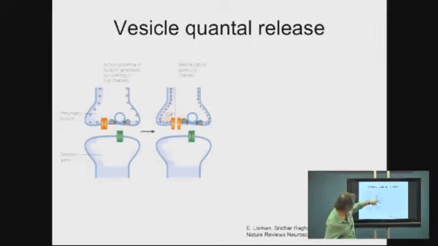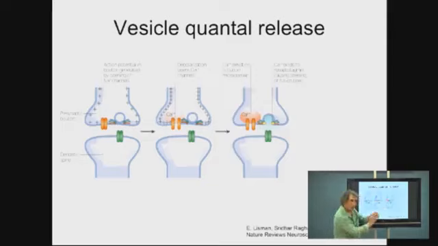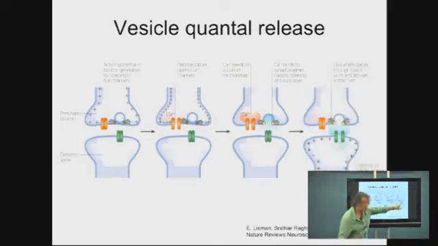If the action potential reaches here, the vesicles, as you will see, are being fused into the membrane of the presynaptic axon. So suddenly the vesicle is open, and the content of the vesicle, the transmitter, can now cross into the gap and interact with the receptor. And you will see when we talk about the electrical activity that these receptors enable the flow of electrical current into the dendrite, generating the postsynaptic potential.